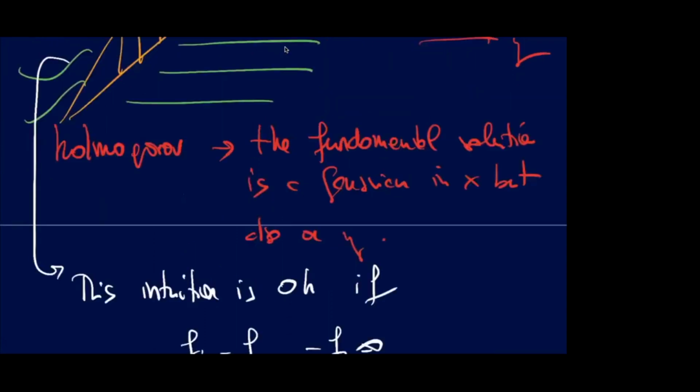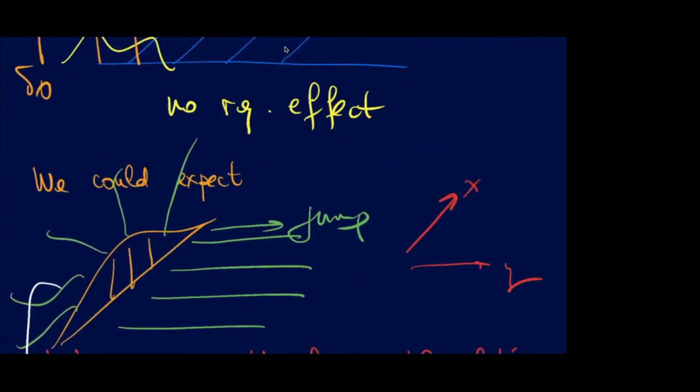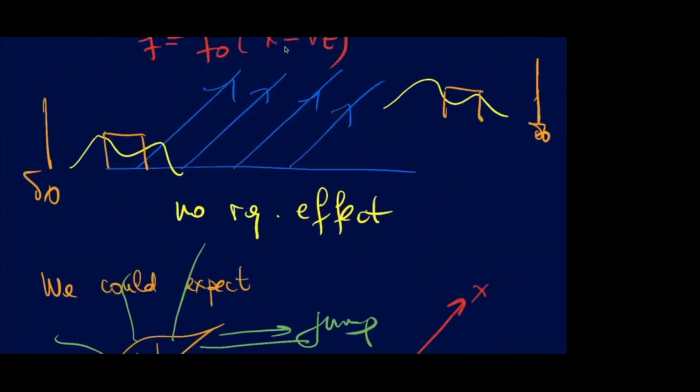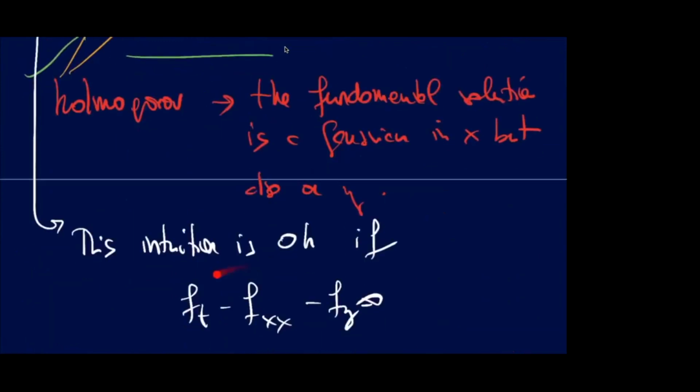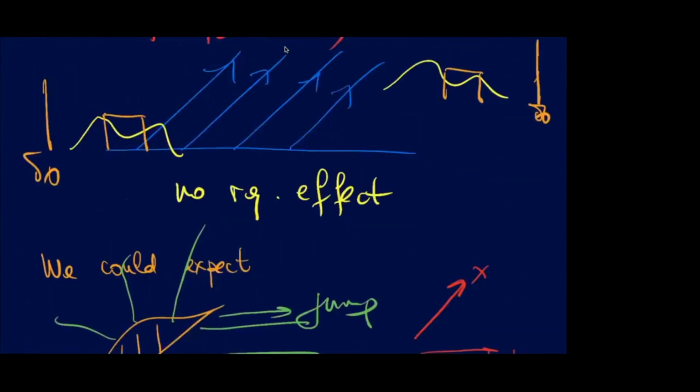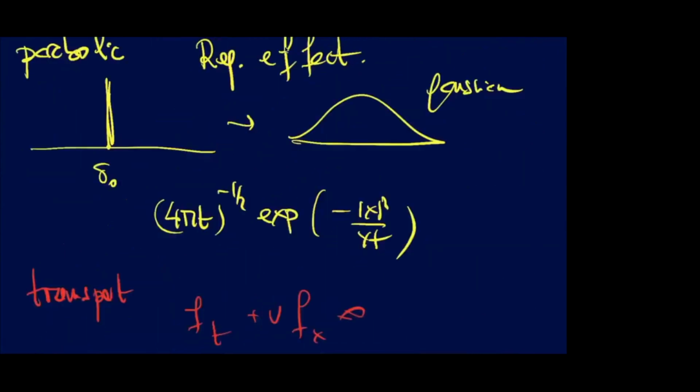I will get solutions which are like cliffs. I will get a smoothing in the X variable, but in the Y variable, the rough singularities like those of a characteristic function, a cliff here, will remain. This will never be regularized. This intuition is correct in this system, but the intuition is not correct for this system.